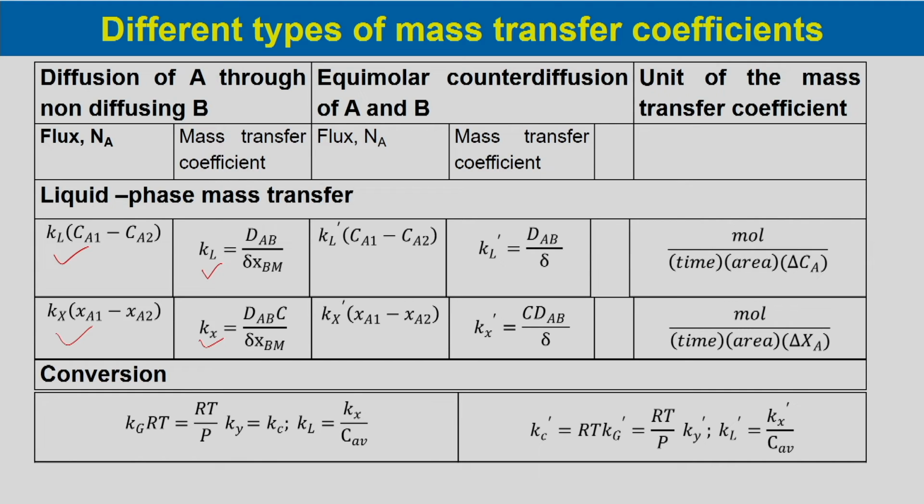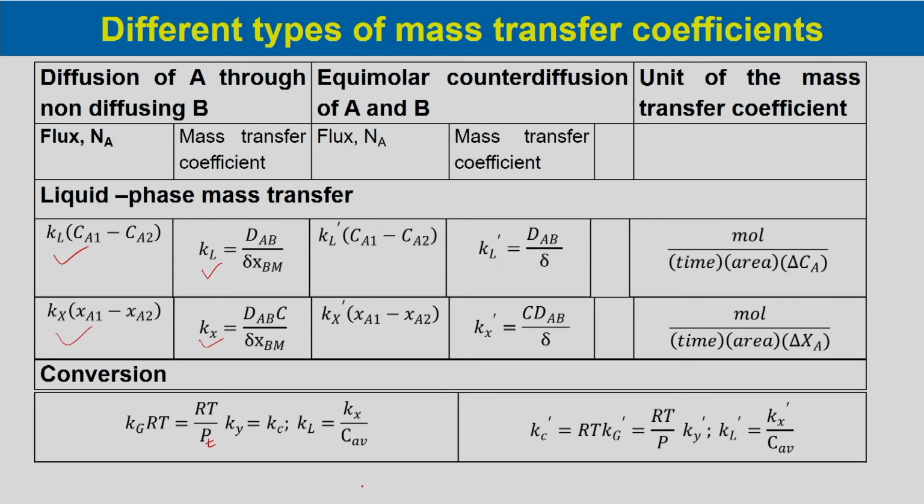Now, if we convert among all these mass transfer coefficients, we can write Kg would be equal to Ky by RT over Pt, Ky would be equal to Kc, and KL would be equal to Kx by C average.